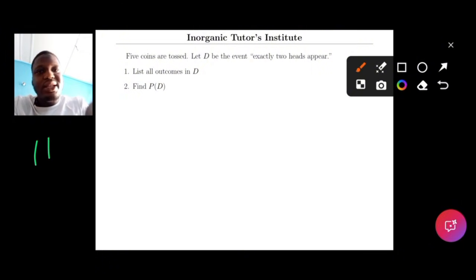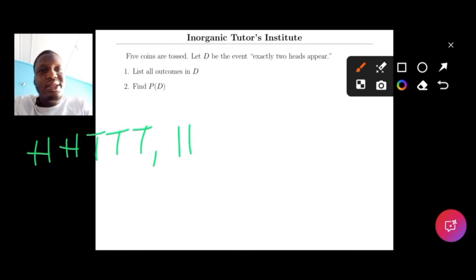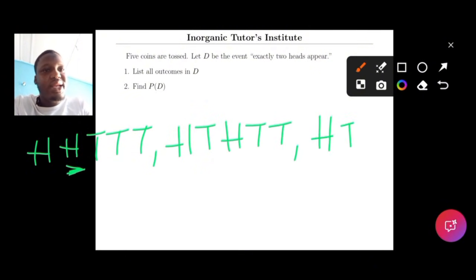I first place one H here, then I'll be floating the other H. So I'll move this H to the third position, and I'll move it to the fourth position while the other one remains at 1. And I finally move it to the 5th position.